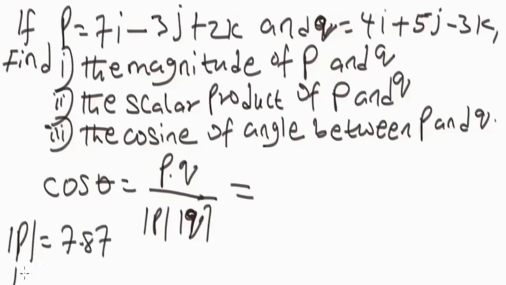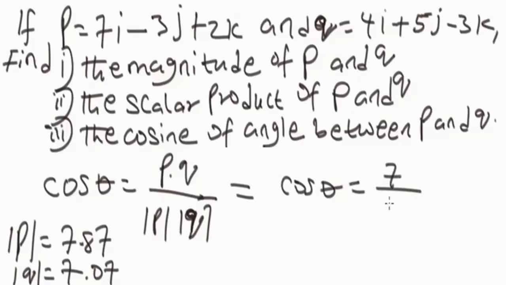That of vector Q, we got it to be 7.07. So when you substitute the values, we're going to have cos theta equals the scalar product is 7 over 7.87 times 7.07.